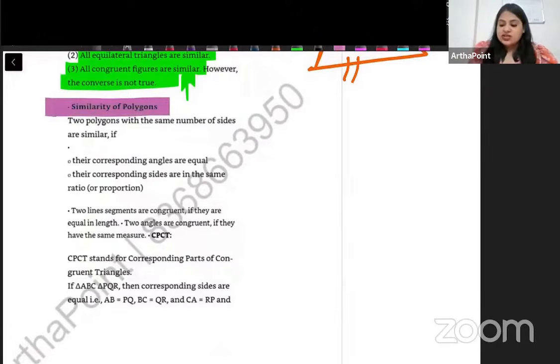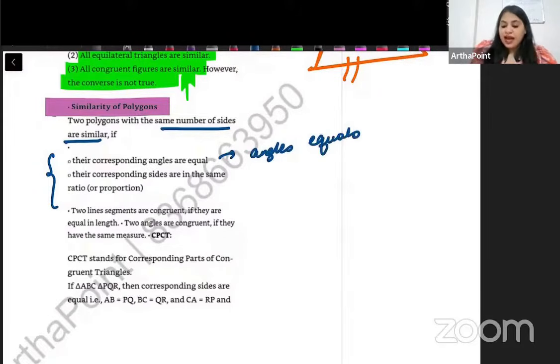Now come to the similarity of polygons. Two polygons with the same number of sides are similar if the following is satisfied. Their corresponding angles should be equal, and their sides should be proportionate.